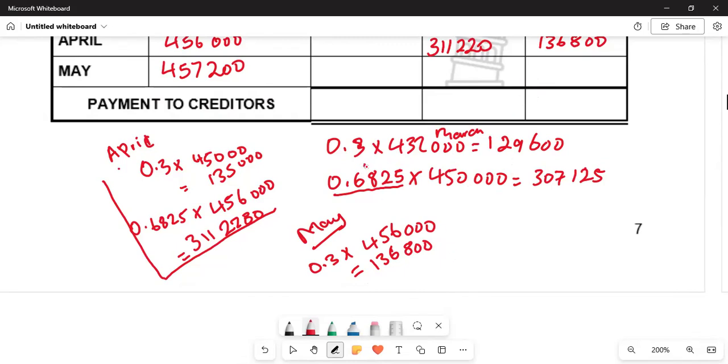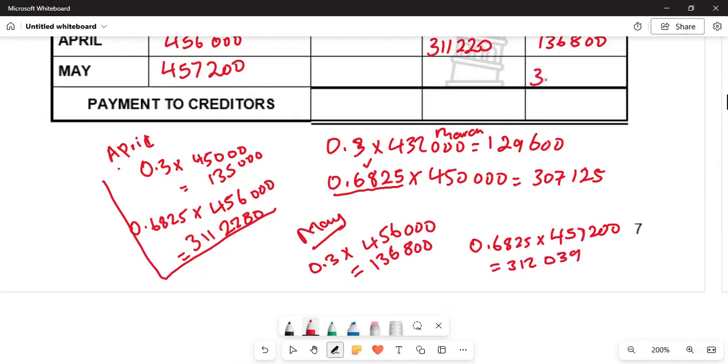Remember the percentage that we use for the month of purchases is 0.6825 multiplied by the credit purchases of May, 457,200. And then it will give us 312,039.